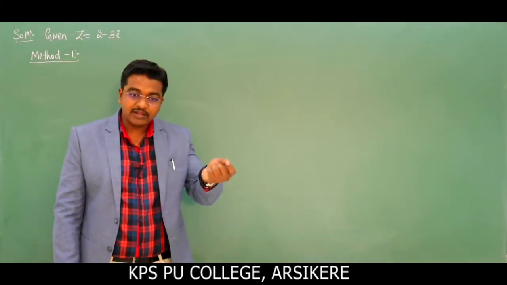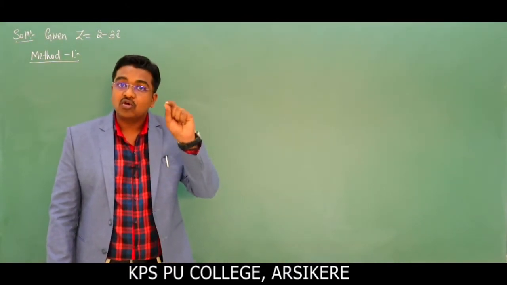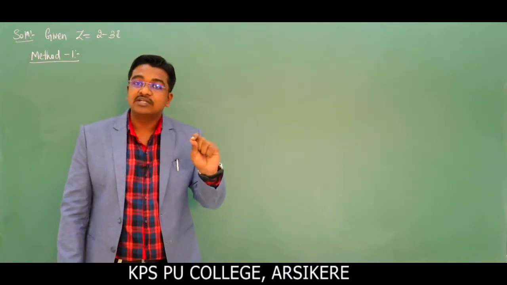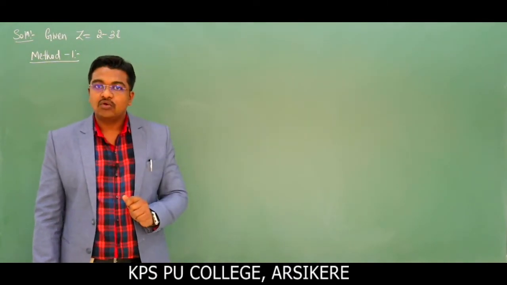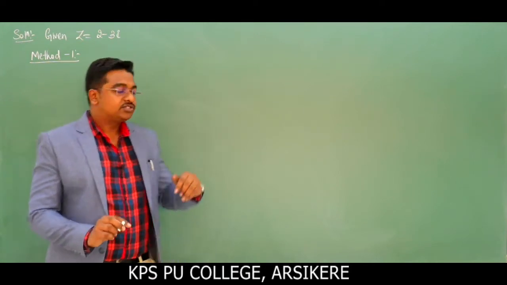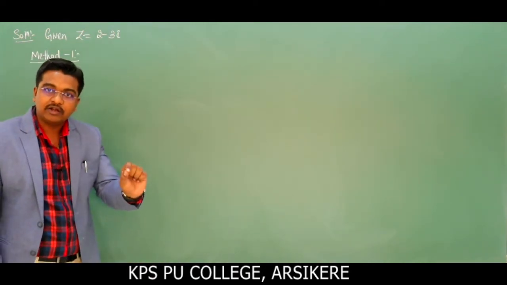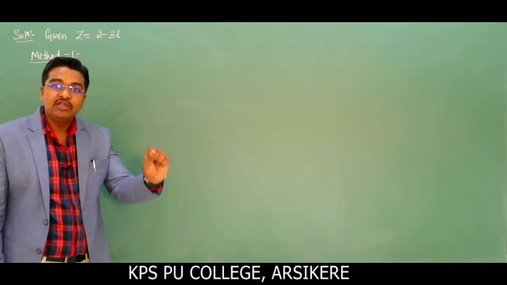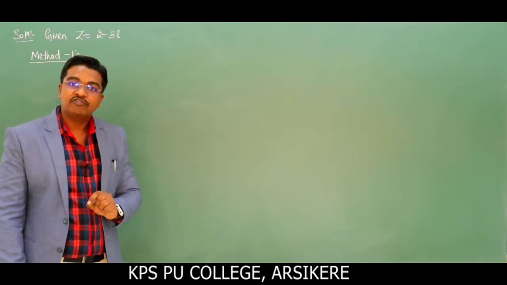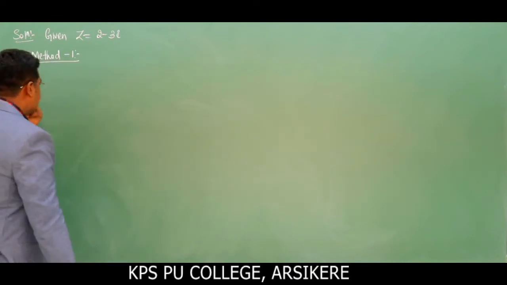Another method is to multiply and divide by the conjugate. So inverse of z is given by z inverse is equal to 1 by z, so 1 divided by 2 minus 3i. To simplify that term, we multiply and divide by the conjugate of the denominator. Let us discuss method 1.